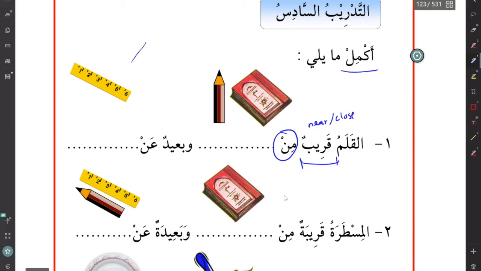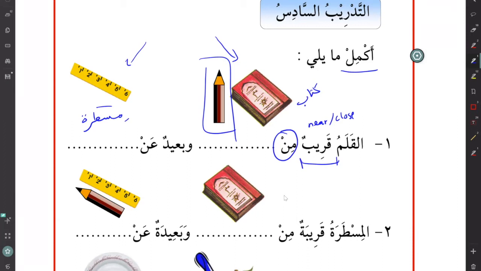So it looks like we have two sets of images here. This is the pen, qalam. So we have one here, which is mistara. You need to know this one, mistara. And we have kitab. So the pen is close to what? Al-qalamu qaribun min al-kitab.